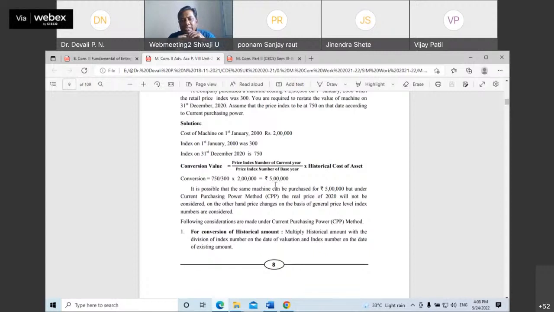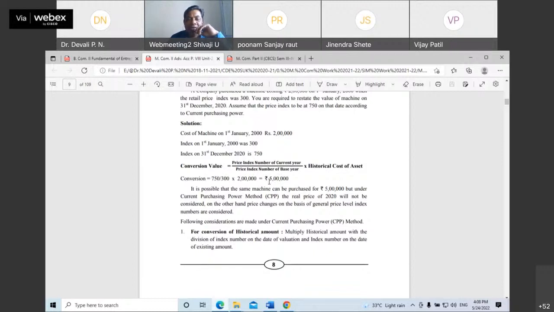So it means that the value of the particular asset has increased to rupees 5 lakh in 2020. This is a wide span. In 2000 it was rupees 2 lakh, and after a long period we are getting the value of the same machine as rupees 5 lakh.